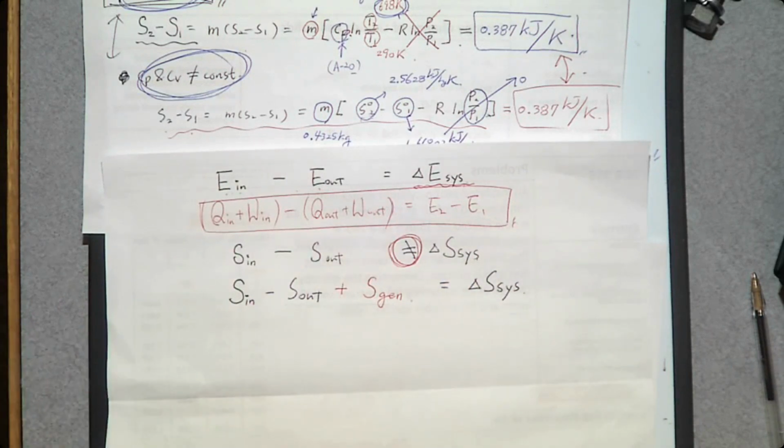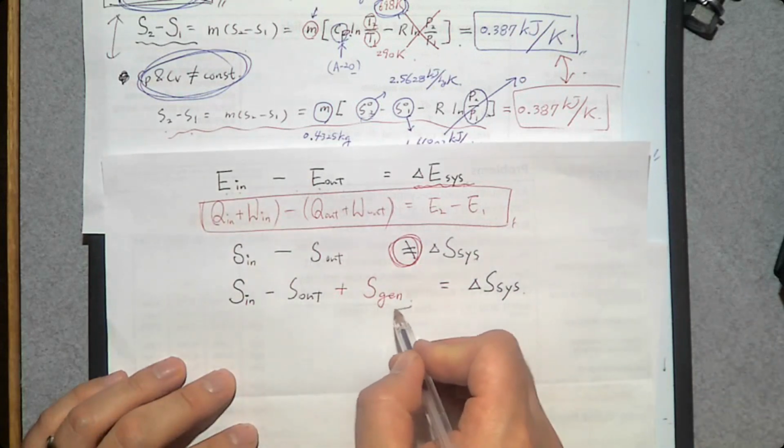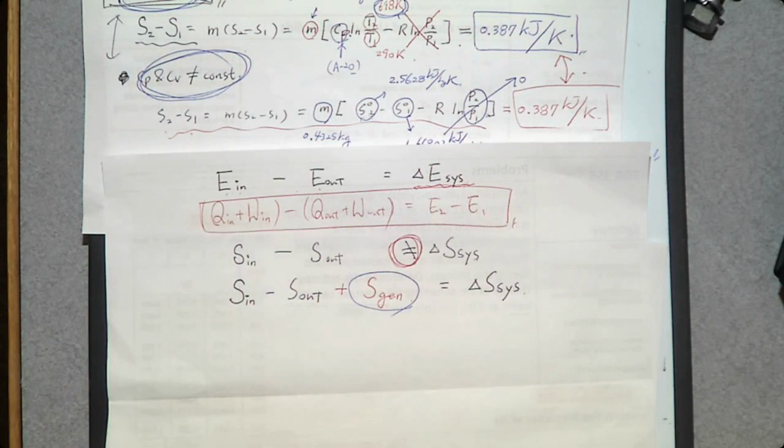So this is the added entropy when there is an irreversibility. So this is the increase of entropy when there is a process. If we include that, then we can write this entropy balance equation. So when there is a process, we can use this entropy balance equation to determine how much entropy is generated.